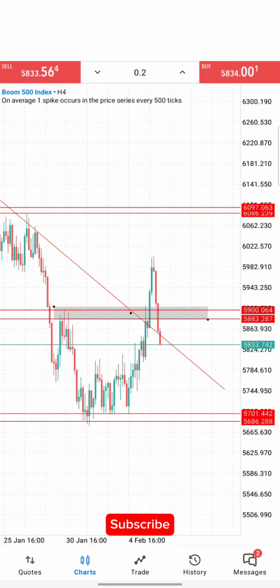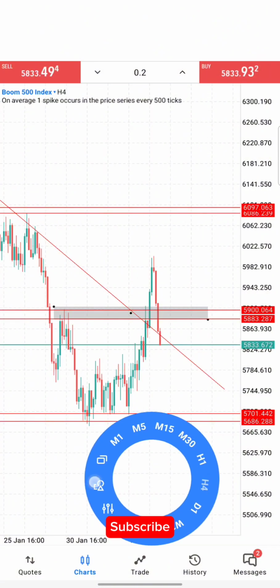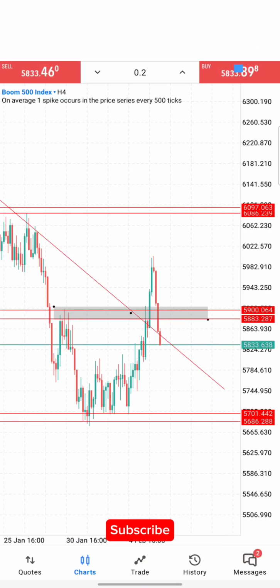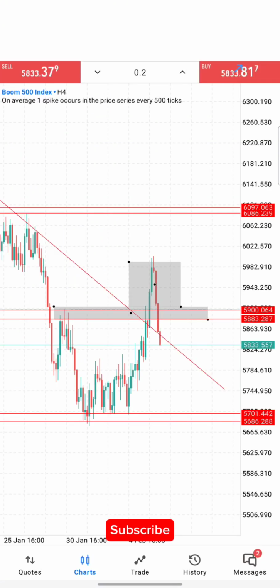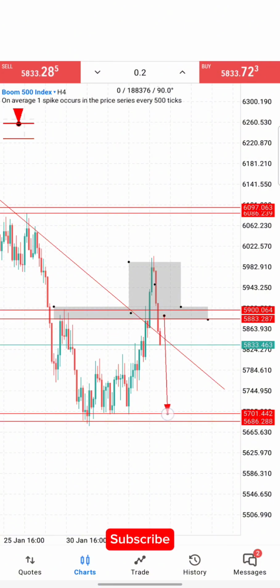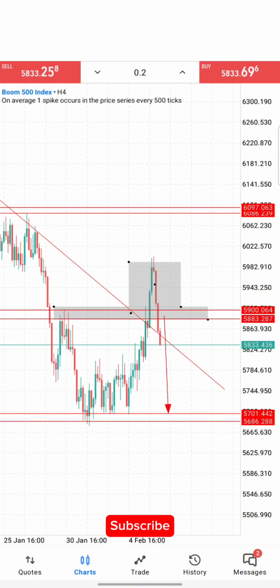You understand? Now, what you should note is that if there is a breakout like this, you can actually go back and backtest. If there is a breakout in a zone, I can tell you that this market, once there is a breakout, it's going to come back all the way down to the next level of support.